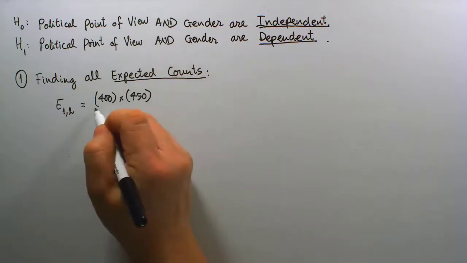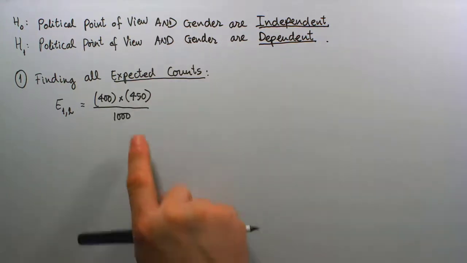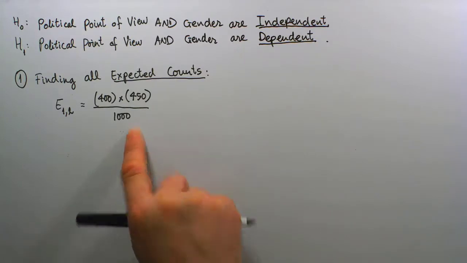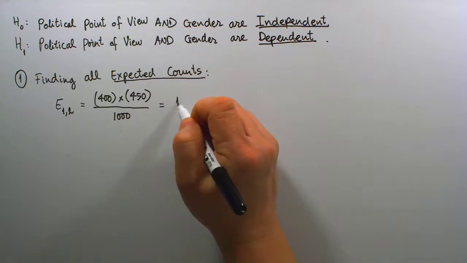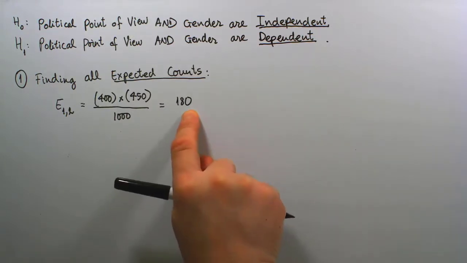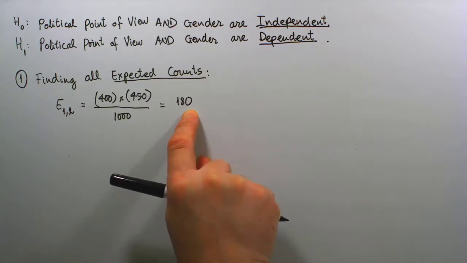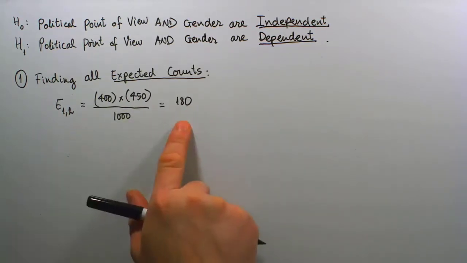And we're dividing that by 1,000 as the sample size, the total of the sample. And so this calculation again gives me 180 as my expected count. It happens to be the same as the expected count back in row 1, column 1, but it's just a different meaning.